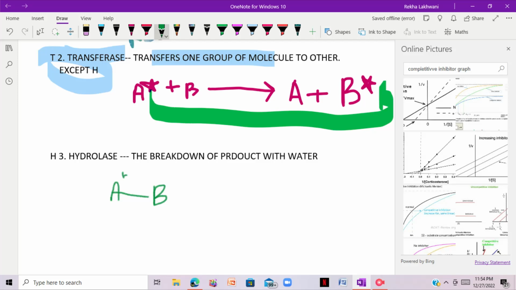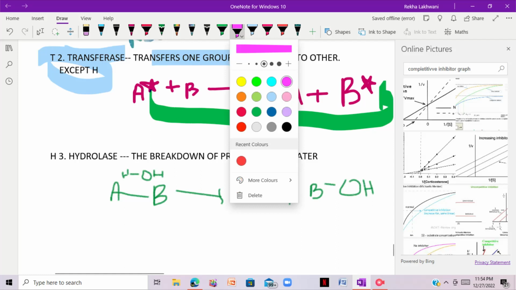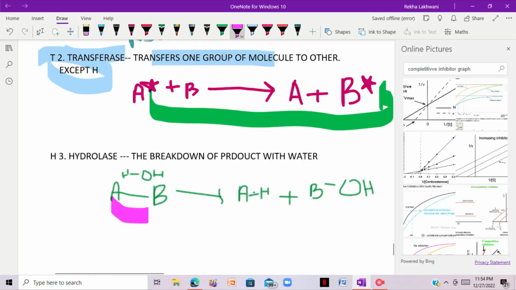Now we are having another enzyme which is basically known as lyase. Now what does that mean? What happens in this enzyme is basically the breakdown of product but without the usage of water.